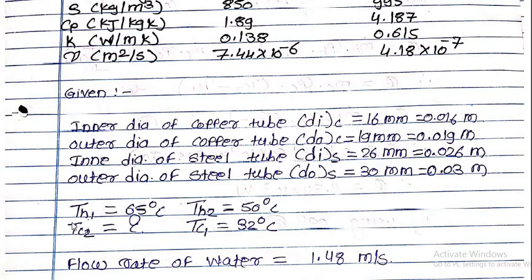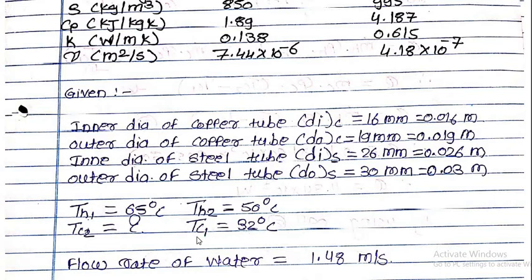Okay, so then the inlet temperature of oil is provided, 65 degrees Celsius, we have to consider the oil as the hot fluid. So TH1, the inlet temperature of hot fluid, is 65 degrees Celsius and outlet temperature of hot fluid TH2 is equal to 50 degrees Celsius. Then water inlet temperature is provided as 32 degrees Celsius.